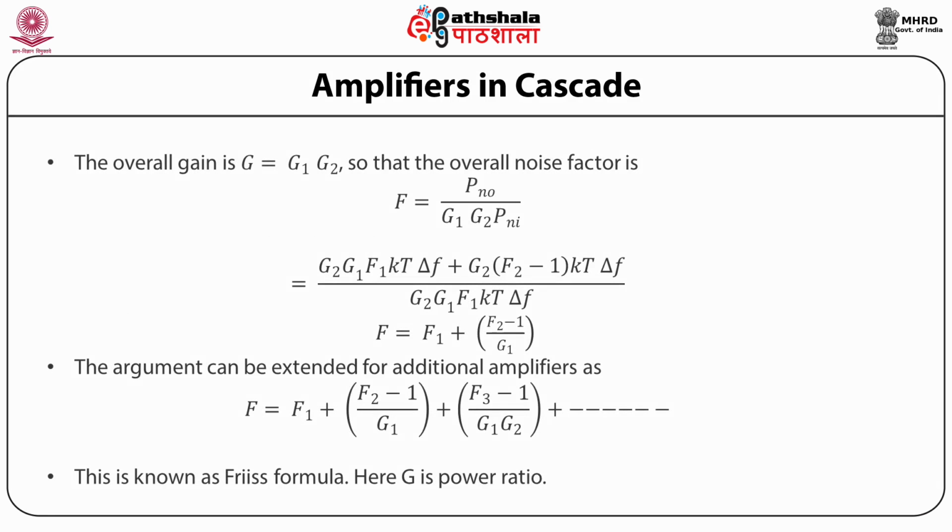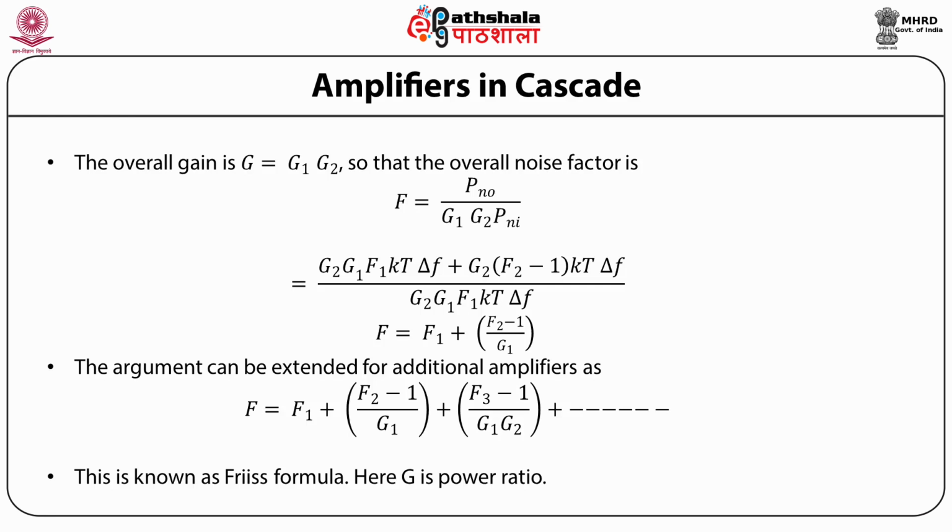The overall gain is G equal to G1 G2, so the overall noise factor is capital F equal to PNO by G1 G2 PNI, which is equal to, putting the value of PNO and PNI, G2 G1 F1 KT delta F plus G2 multiplied by F2 minus 1 multiplied by KT delta F, divided by G2 G1 F1 KT delta F. So we can write F equal to F1 plus F2 minus 1 by G1.